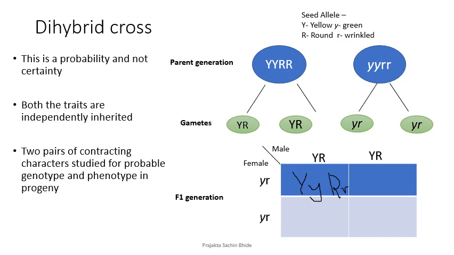And surprisingly, all the other three boxes would also have the same set of genotypes, which means that in the F1 generation, the first law holds true: although you increase the number of traits, the F1 generation will show you a heterozygous condition, and all of them are expressed genotypically and phenotypically the same.